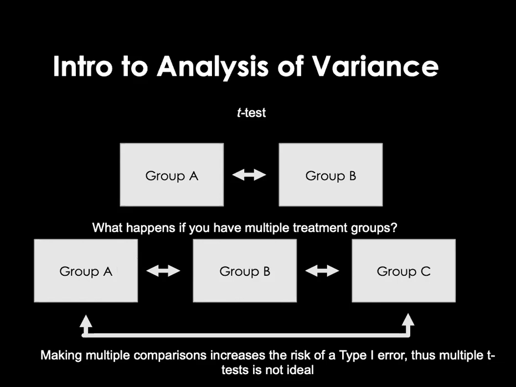But the point is that it definitely increases the probability of a type 1 error way beyond the 5% chance. And that is not so tolerable, right? 5% is not great, but it's okay. More than 5%, and we start to be a little bit unhappy about that. And so what can we do?